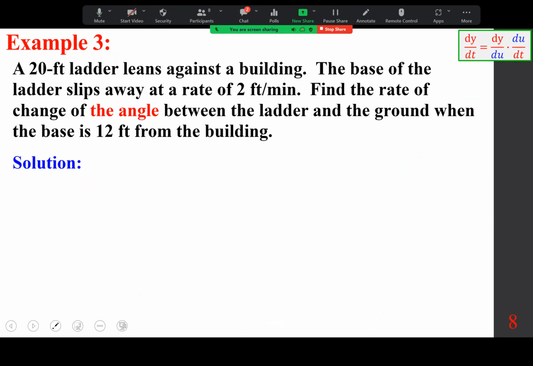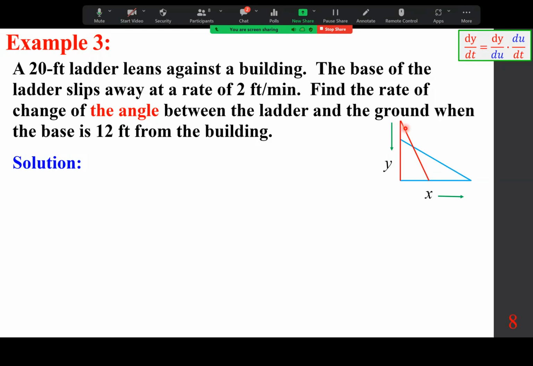We're going to repeat the same question, but this time we are interested in finding the rate of change of the angle between the ladder and the ground. So what happens as the move takes place, as x moves to the right and y comes down, it creates the situation that this angle changes, so does this angle.